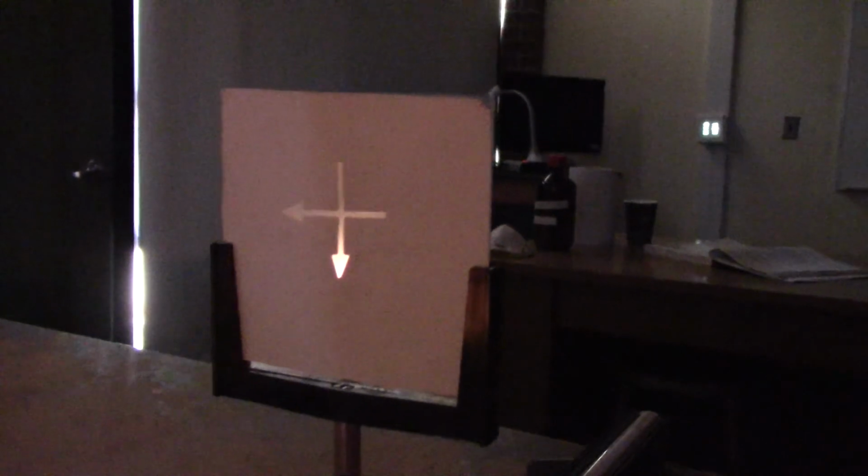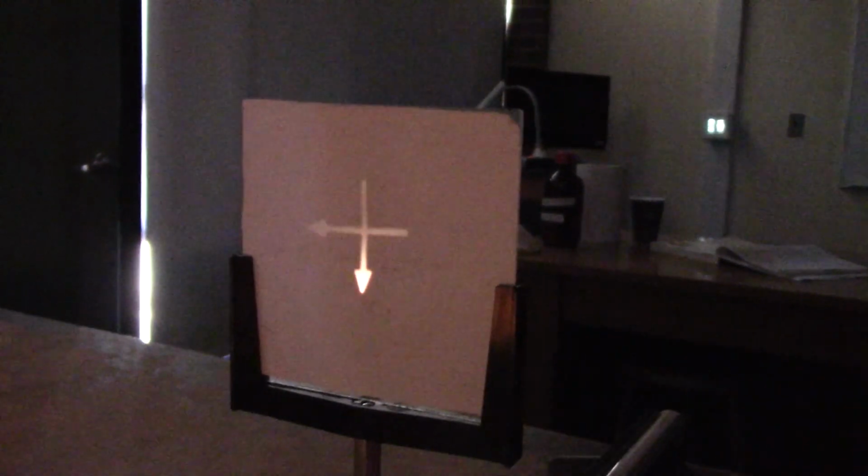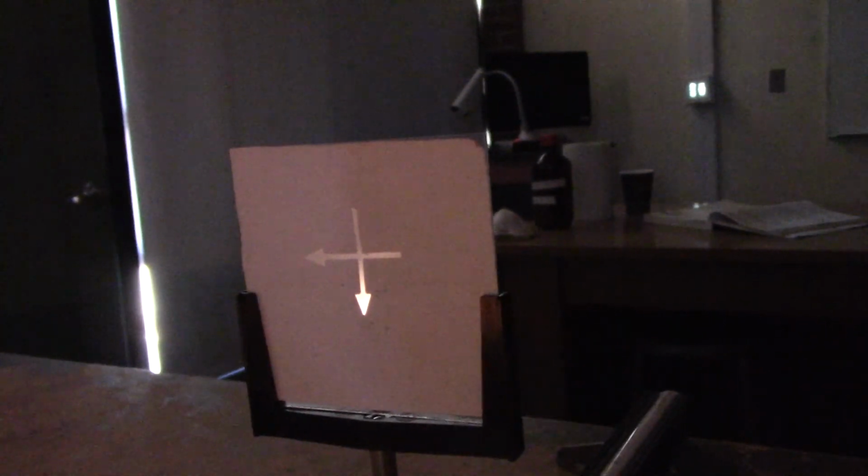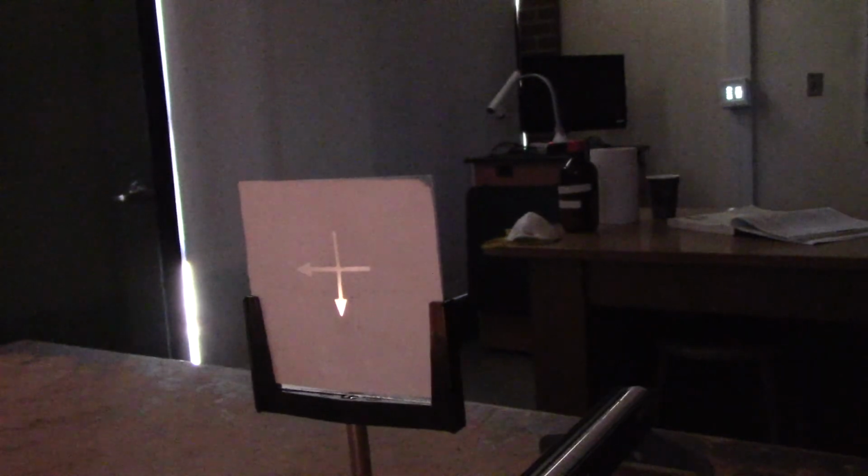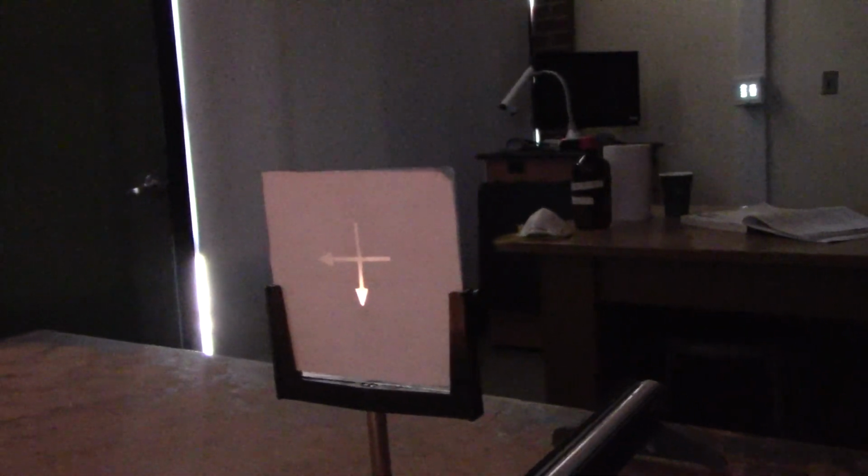And notice when I do that, what I've got on my screen now is just blurry. So what I've got to do is bring that in closer to find out where the image was located. And I'm guessing it's about as sharp as it gets right there. Okay, so that's where the virtual object is located, and I can only see that virtual object because I've removed the diverging lens.